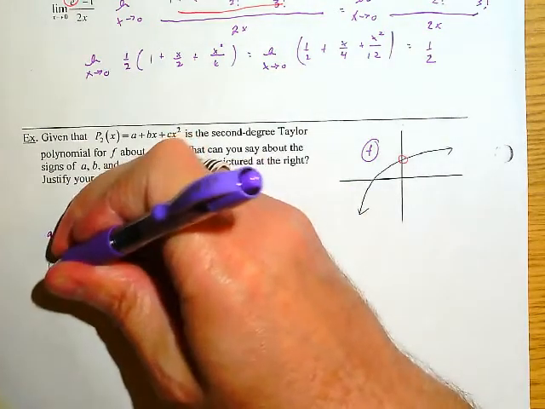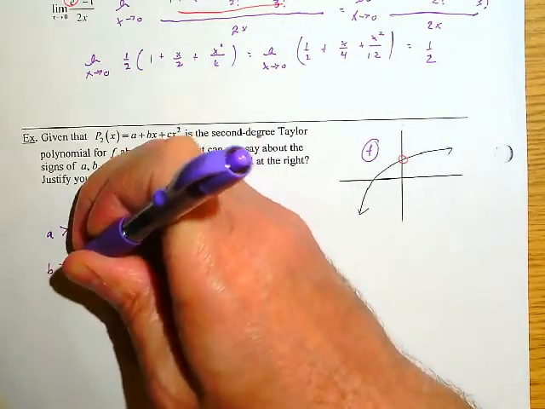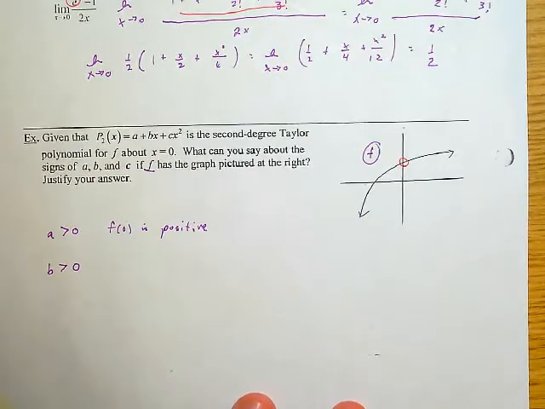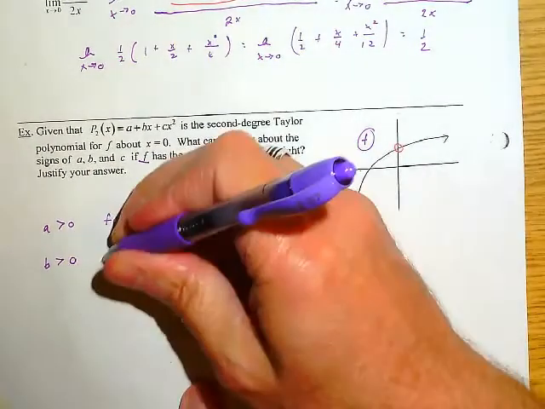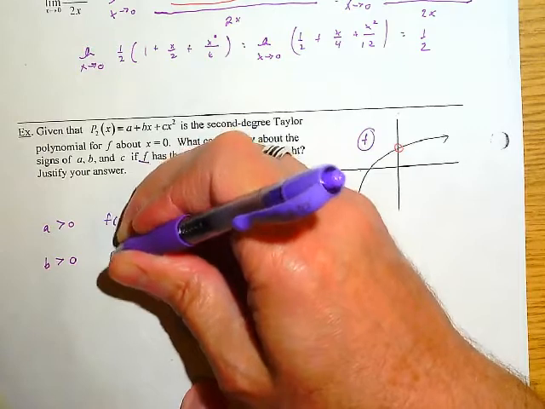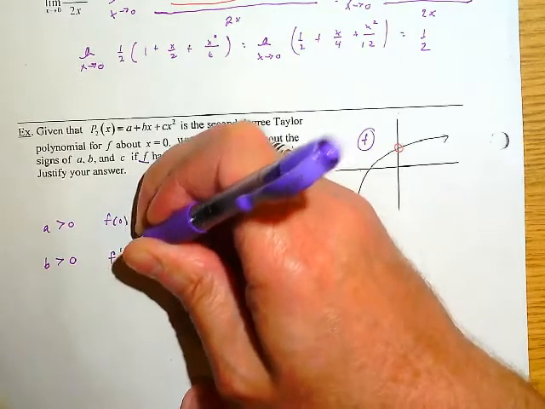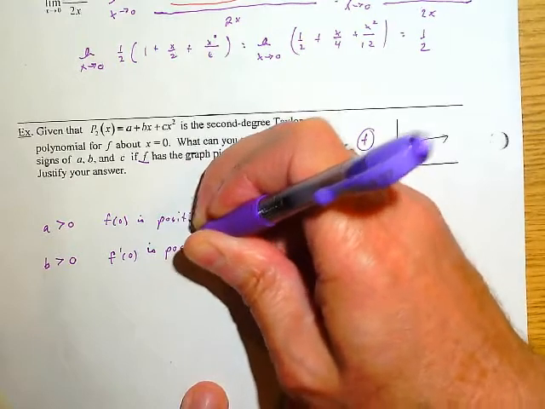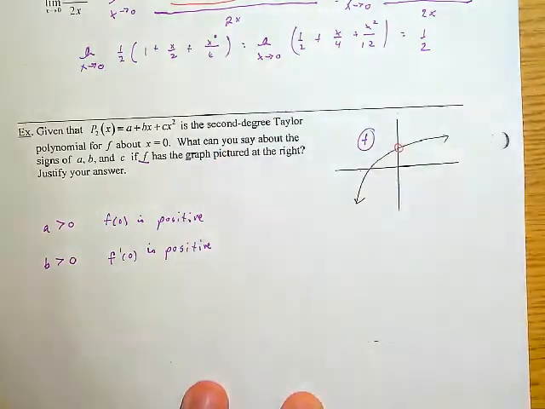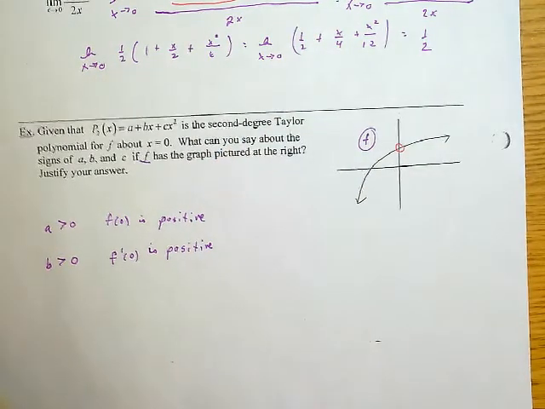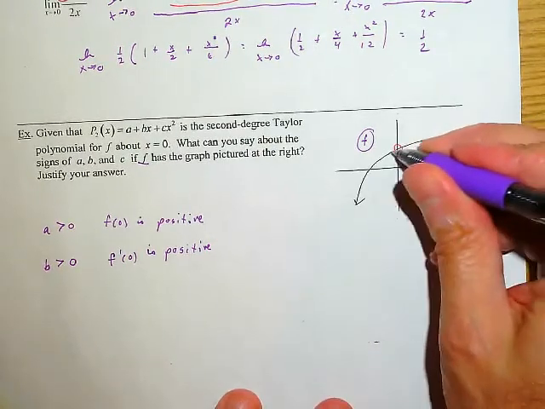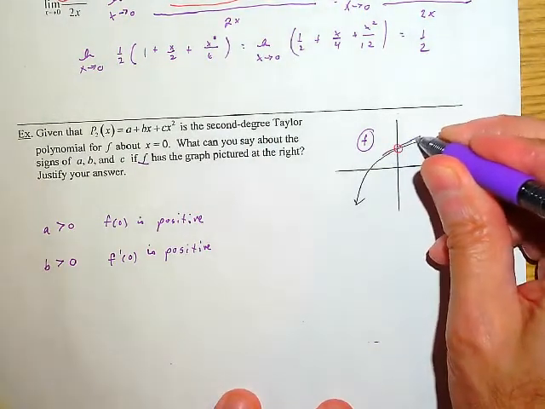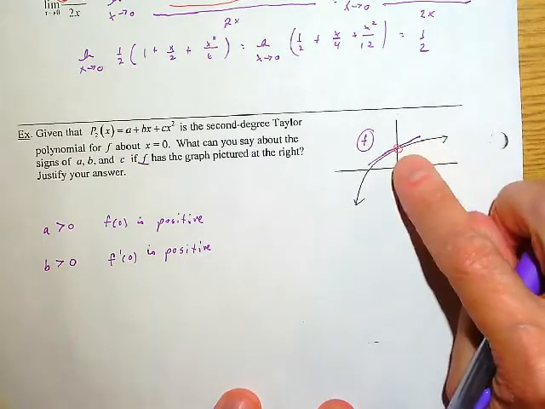I'm going to say that b is also greater than 0. Why? Because f prime of 0 is positive. What is f prime? The slope of the tangent line is positive because at x equals 0, isn't that function increasing?